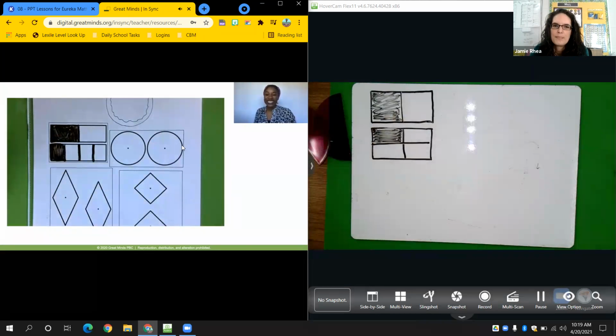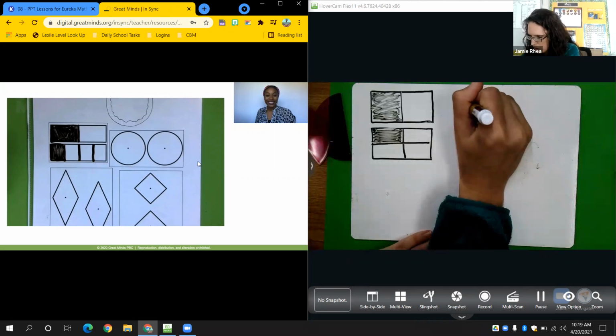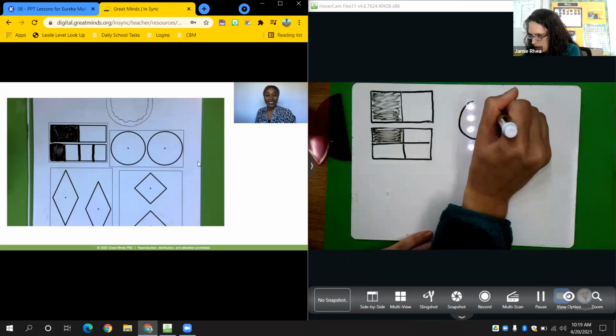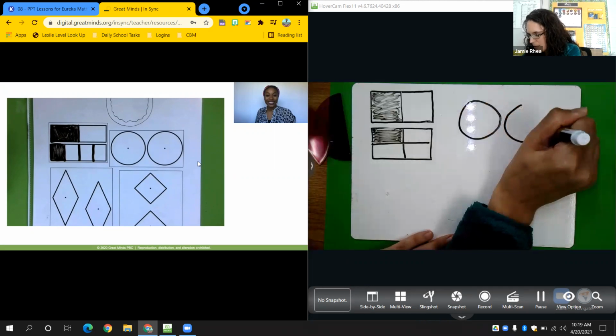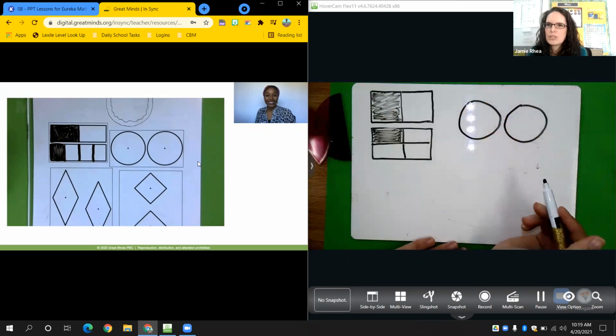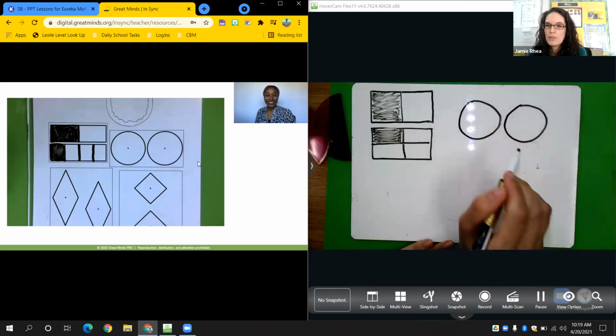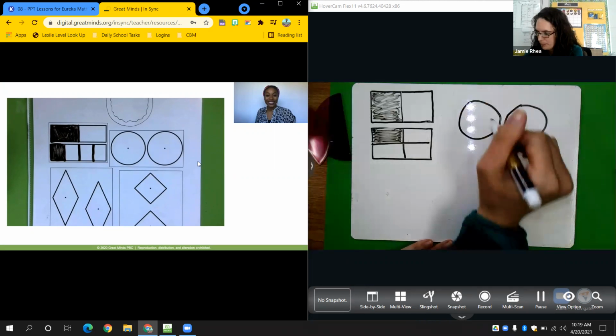I'll work behind my secret wall while you work. So let's look. We've got 2 circles. We're going to try our best to draw a good circle, and a second circle the same size. I know it's hard to draw circles. Remember, the first one we're going to do is in half.